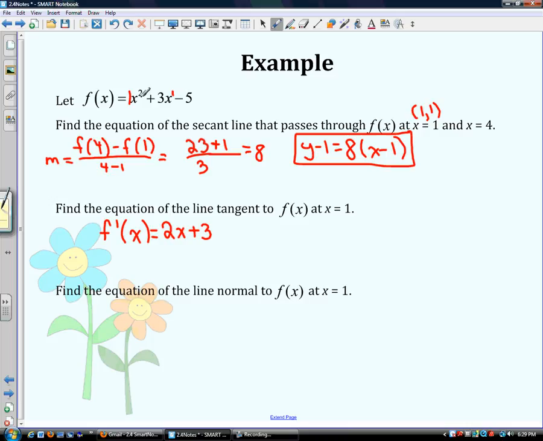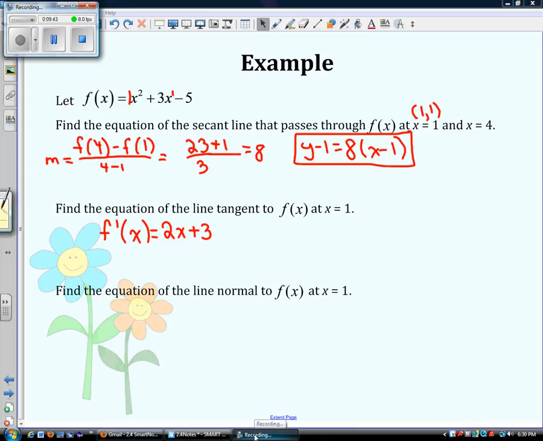The slope at every point on an x squared function is twice whatever the x value is, okay? And the slope of -5 all the time is a horizontal line, and therefore the slope is 0. Okay. So the derivative of my original function is 2x plus 3, which tells me what my slope is.